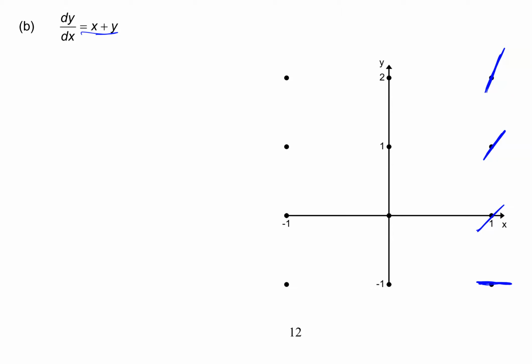So, I picked this point, right? This point is 0, 2. If you add them together, it's a slope of 2. So this line and this line should match. These two lines should match. If I add 0, 1, because it's x plus y, there should be a slope of 1. So this line and this line should be the same slope. And then 0 plus 0 is a slope of 0.